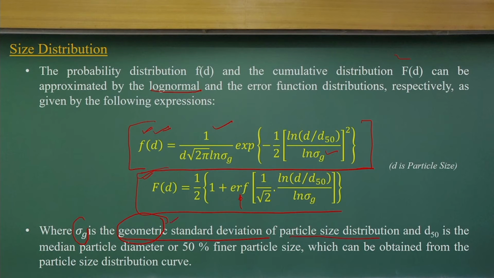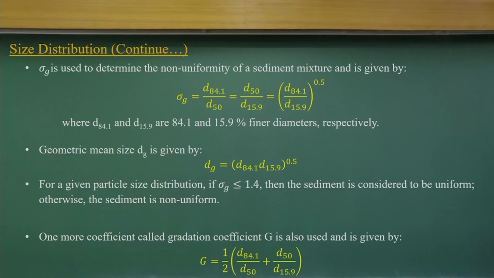You try to understand the soil composition. It follows the normal distribution curve, but it doesn't follow the standard deviation; it follows the geometric standard deviation. How do we quantify that? D50 is the 50% median value diameter, or 50% particle size, which we can obtain from the curve.